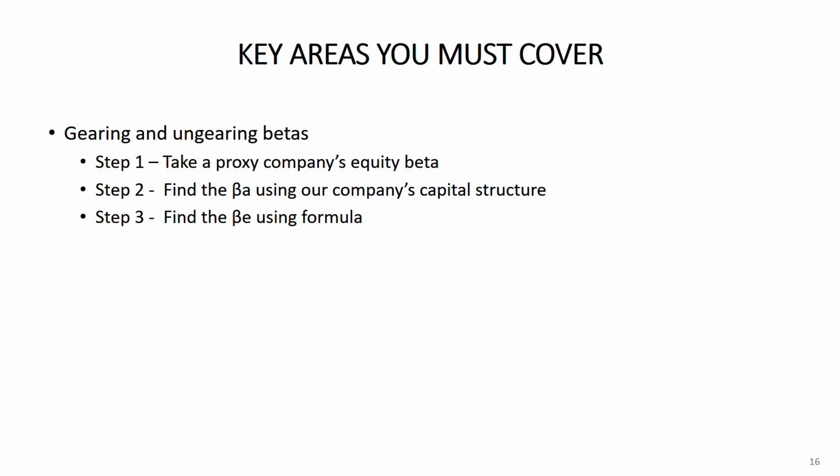Step 3 is to find the equity beta using the formula. Once you find the asset beta using your capital structure, debt equity ratios, you can now find the equity beta also using the formula.